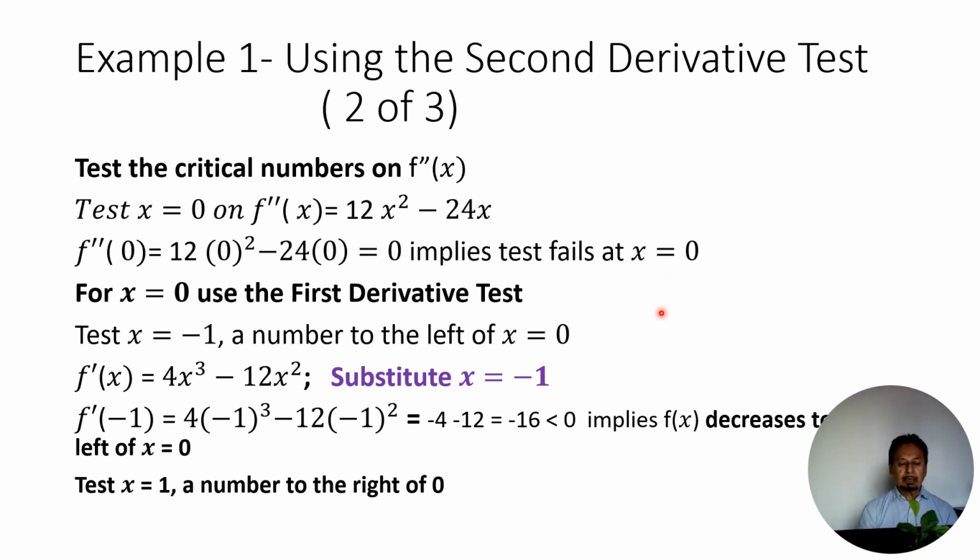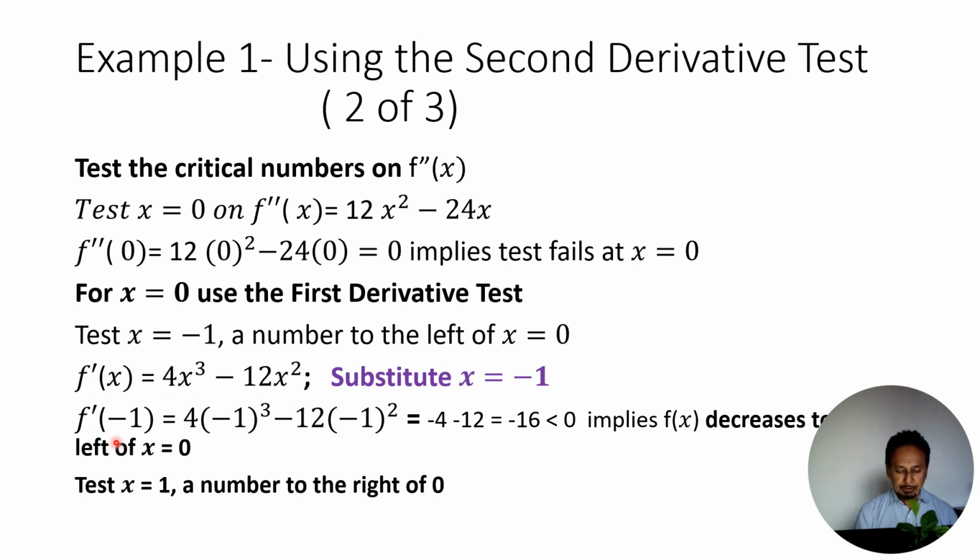To check if the function has a relative minimum or relative maximum at x equals 0, we're going to use the first derivative test. We pick a number to the left of 0, so let's say x equals minus 1. Substitute this number in the first derivative, f prime of x equals 4x cubed minus 12x squared.